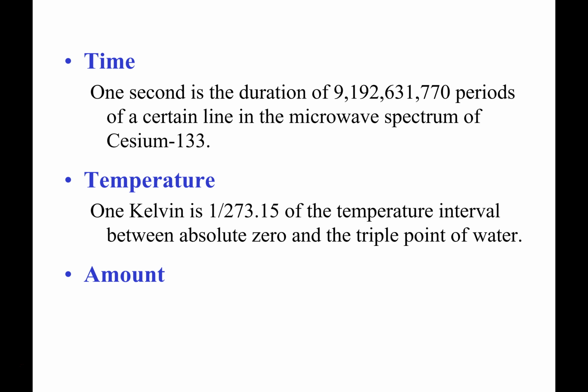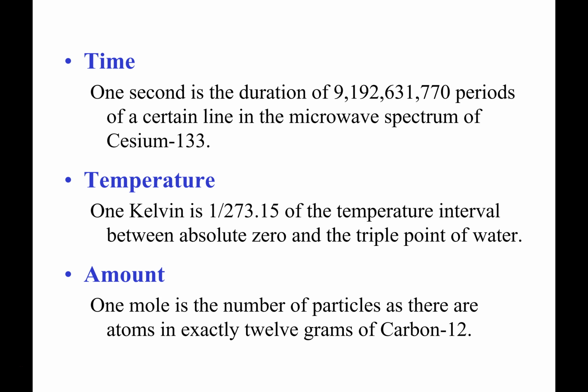Some of you are going to see this value, 273.15, the offset between the Celsius and the Kelvin scale. So 273.15 is the temperature interval between absolute zero and the triple point of water. That's how we calibrate our thermometers. Thank goodness our thermometers have already been calibrated.